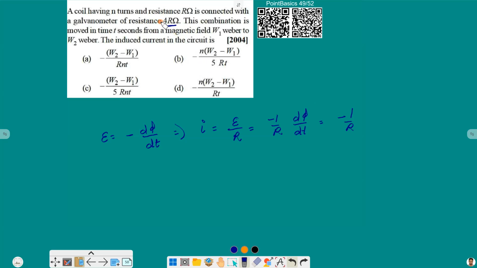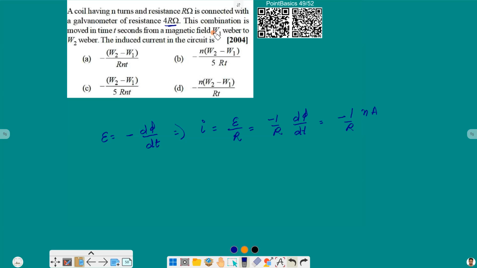d phi will be the change in flux. Suppose we have not been given area here, so let us assume that area is A, and as there are n turns, it will be n times A, and only there is change in magnetic field.